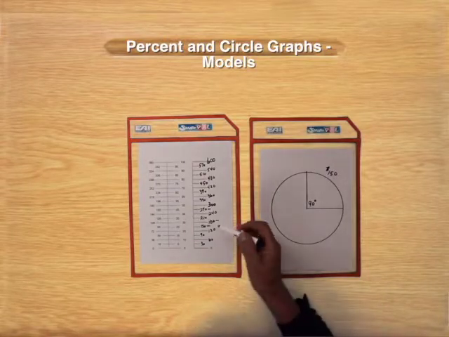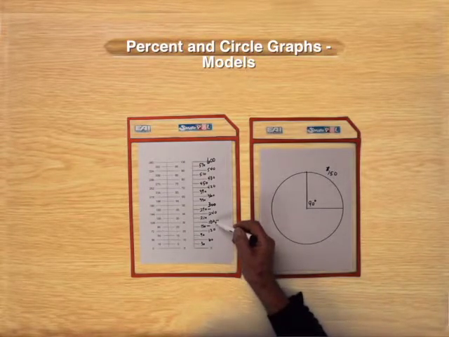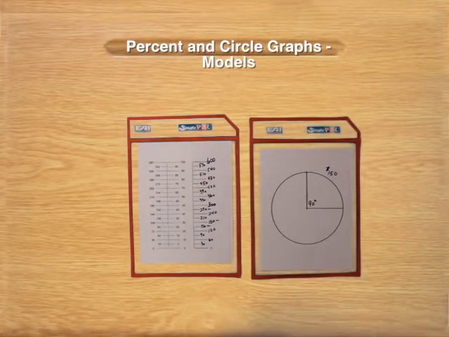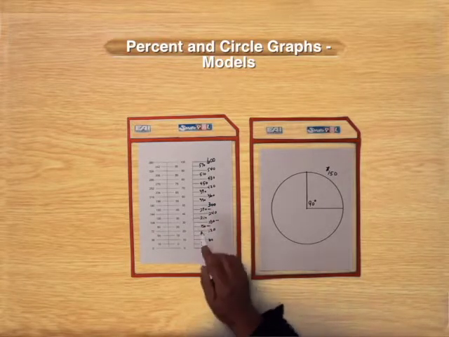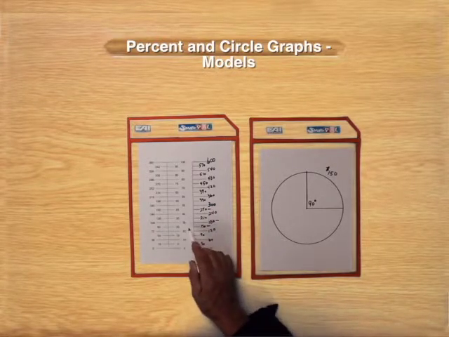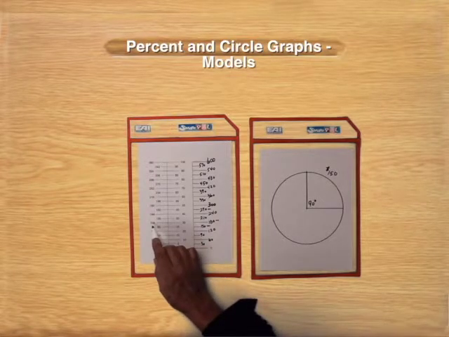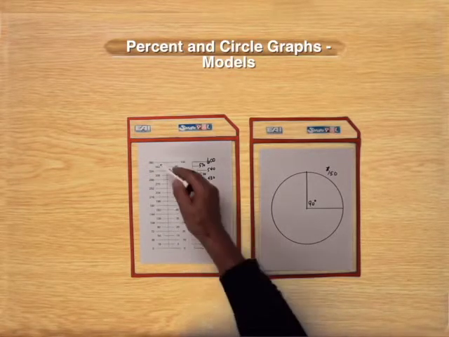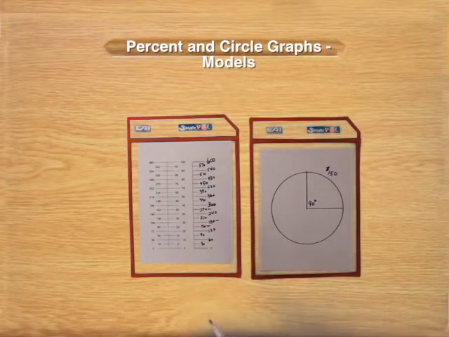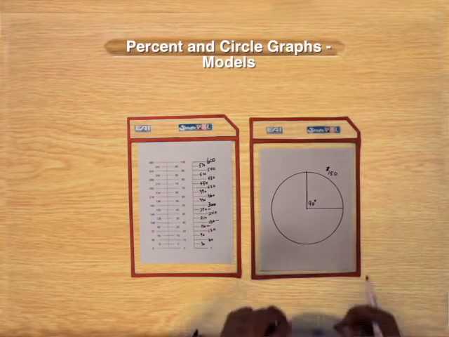Now the second person earned $180 in profits for the company. That's represented by 30% because the 180 is opposite to 30. But on the circle, that is going to be 108 degrees, because 30% of 360 is 108 degrees.